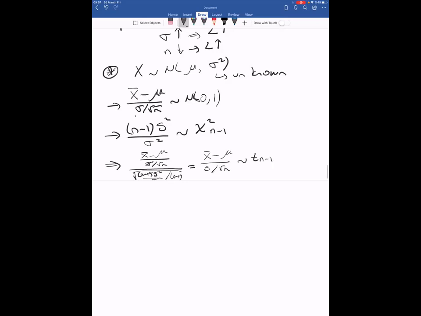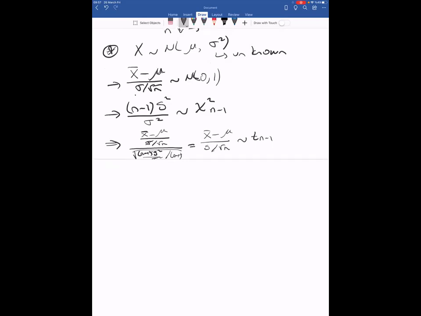Now we can use these in the interval estimation to get a confidence interval for mu. Actually, we will have in the middle the T distributed random variable, with upper and lower bound. Again, I will write t with n minus 1 degrees of freedom, alpha over 2, but we will see why it should be like that.